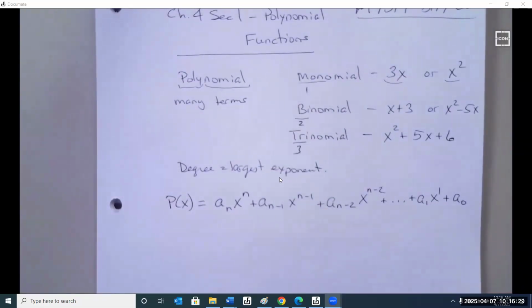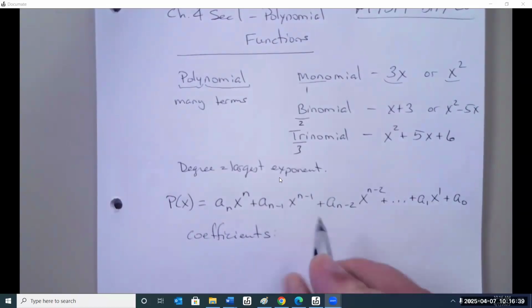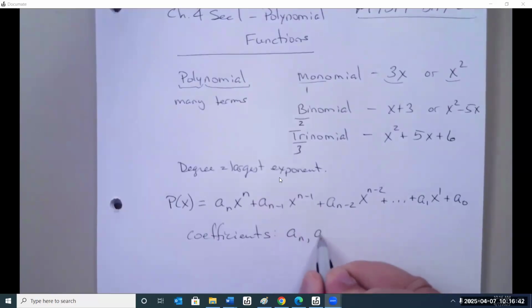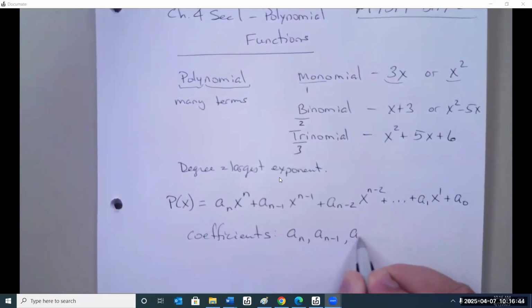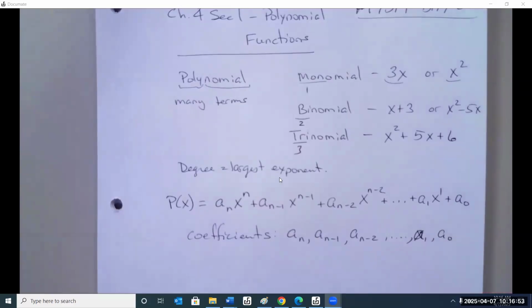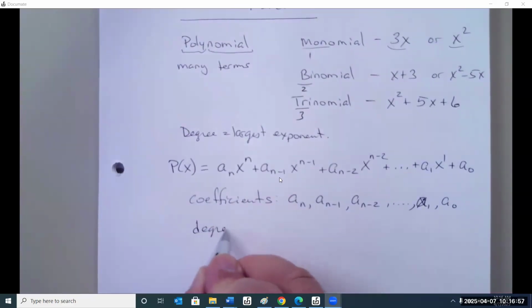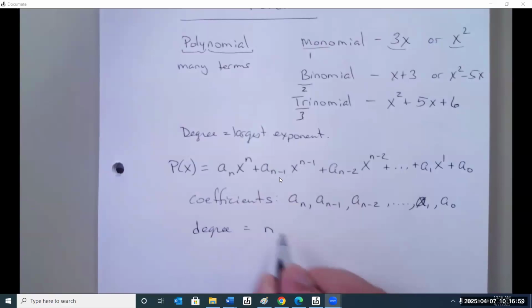So that's what a general polynomial looks like. The coefficients are the a's, the numbers in front of the x's. The degree is the n.